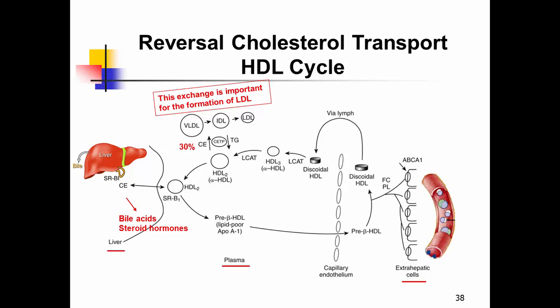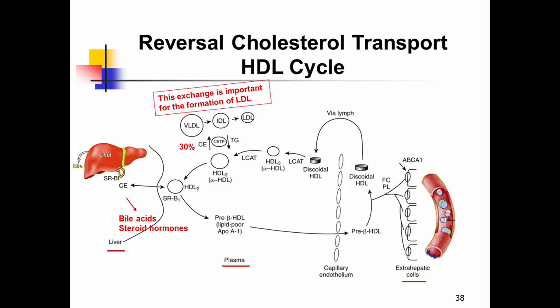And once it's receiving the free cholesterol from peripheral tissues, the beta HDL is eventually converted to so-called discoidal HDL. So discoidal HDL eventually enters the circulation plasma, and in the plasma there are several steps that occur.